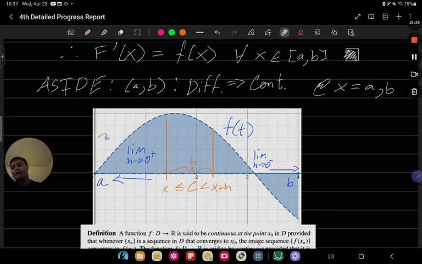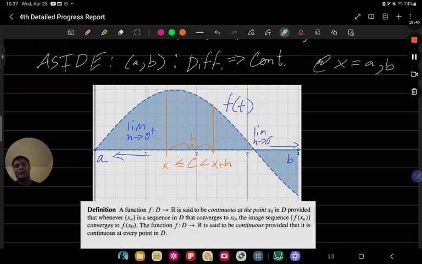And that f of A on the right side is actually capital F prime of A on the right side. And same for this B, right? This is actually f of B from the left side if we're approaching from the left. And that's actually capital F prime of B from the left side.